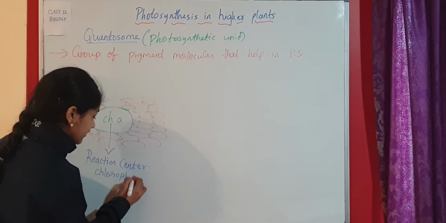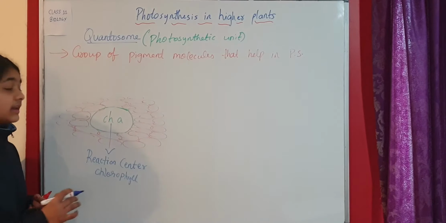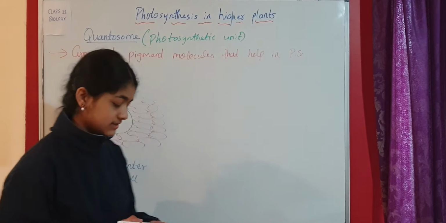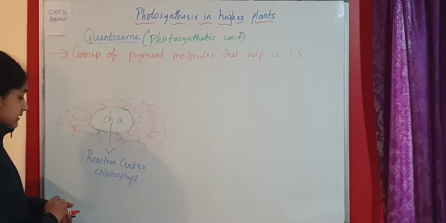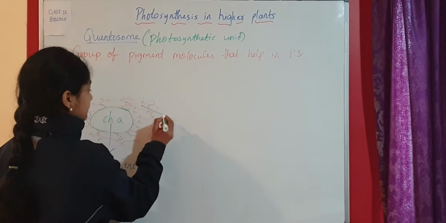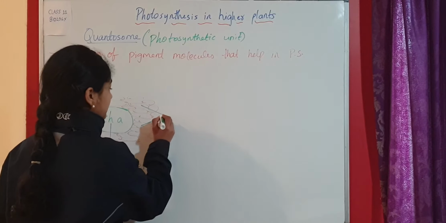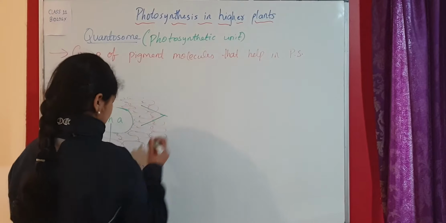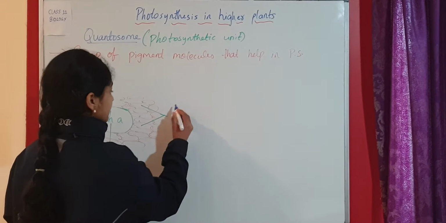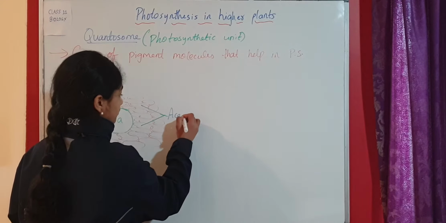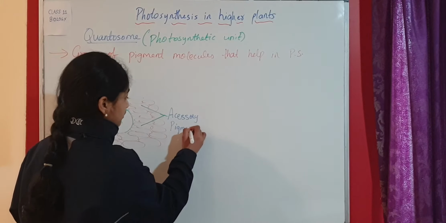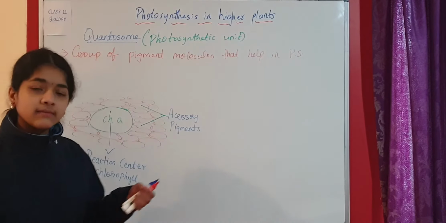So it is called the reaction center chlorophyll, and chlorophyll A is the main pigment which helps in the process of photosynthesis. And these pigments which are present around the chlorophyll A are called accessory pigments. Accessory means something which helps.